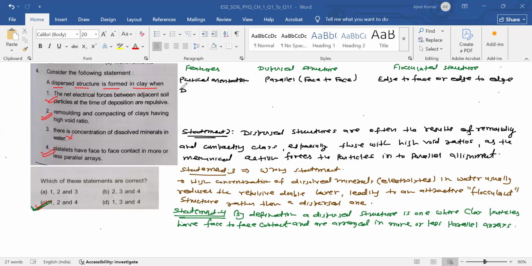Second is dominant force. In dispersed structure it is repulsive, and in flocculent structure it will be attractive. The next is formation method.